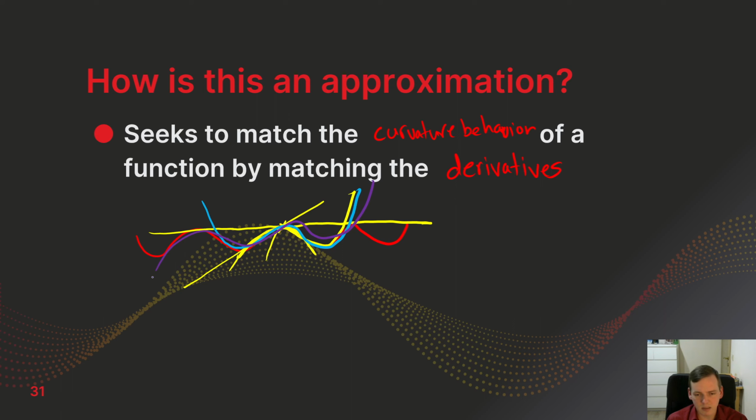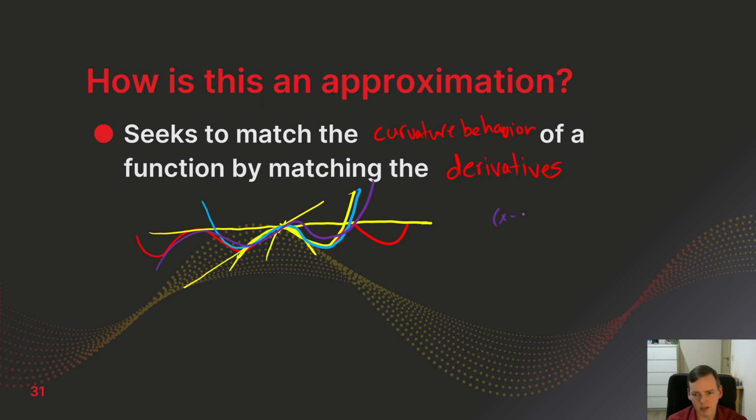Now this is a very hand-wavy explanation. On the site, I'll link to a calculator demo that will show you can actually increase the order and see actual calculations for yourself. But this is the idea. If we go to higher and higher orders, we get more and more of that behavior incorporated.